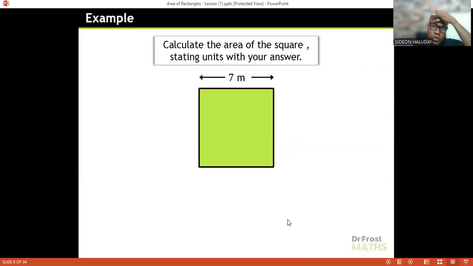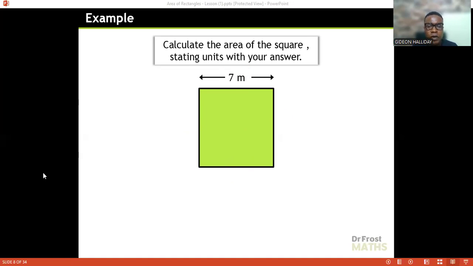Do we have something to do here? Now, this is a square, right? This is a square because you're given just one side, with the idea that all the sides are equal. So this is also 7 meters, 7 meters, and you have to pay attention to the units. The units are very important. Not everything is centimeters.